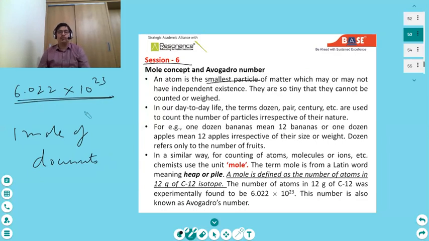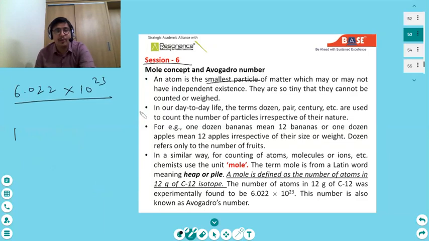Now this much amount of donuts is enough to cover the entire earth to a depth of 8 kilometers. Yes, you heard me right. If you take 1 mole of donuts, the number of donuts present in it is equivalent to covering the entire earth to a depth of 8 kilometers. This is such a huge number.